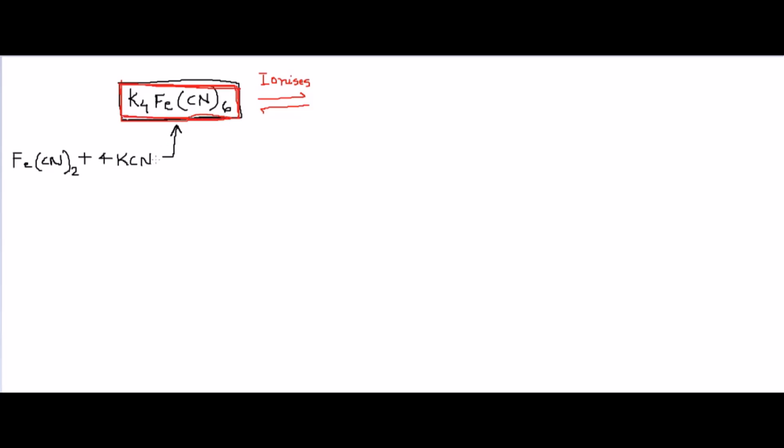Now this is obtained, as you can see, I have shown with the arrow, when we react iron cyanide and potassium cyanide. So two salts are reacting and producing this kind of coordination complex, right? Now when this complex ionizes, when dissolved in any kind of solvent or water, it ionizes like this.